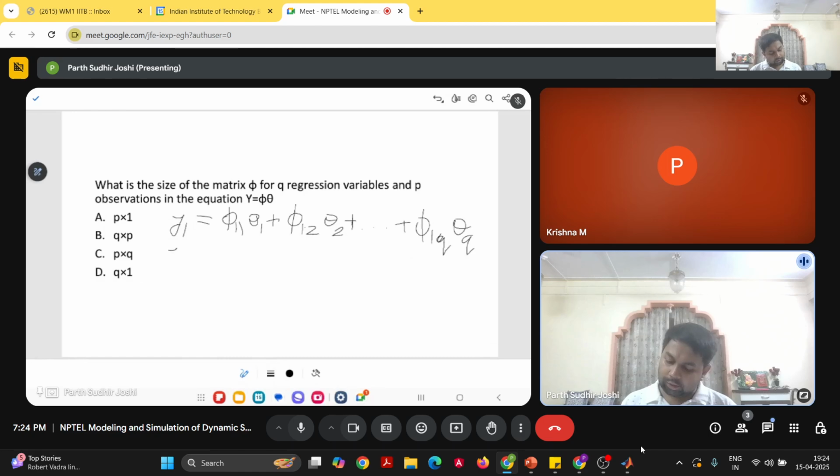Similarly, we can write y2 is equal to phi21 theta 1 plus phi22 theta 2 plus, and so on.